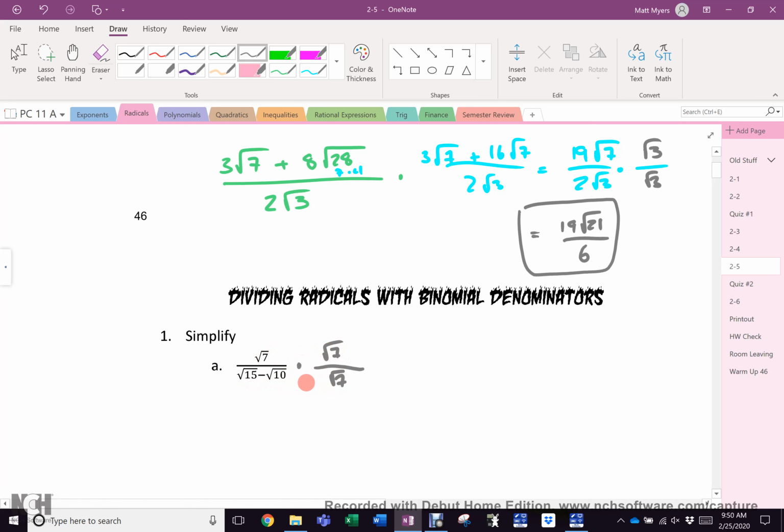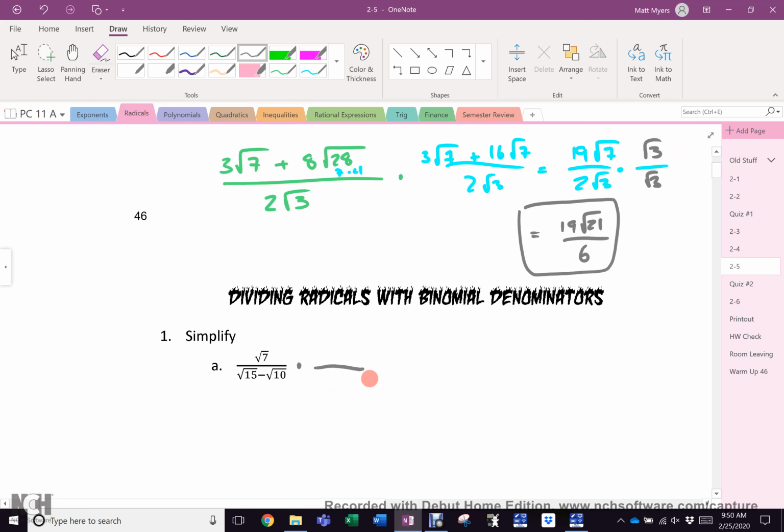Won't it leave me with radicals in the denominator? Right? Have we ever multiplied by the radical in the numerator? This is a yes or no question. Have we ever multiplied by the radical in the numerator? Ever? In the previous 25 questions we've done, did we ever do that? No. So we're not going to do root 7.